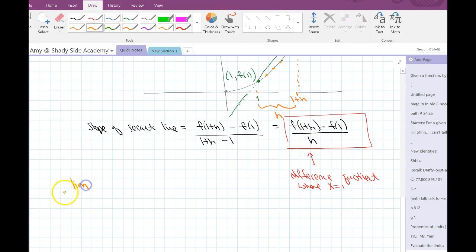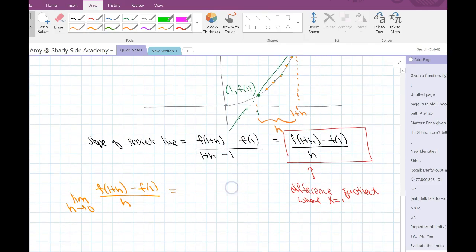The limit as h approaches 0 of f of 1 plus h minus f of 1 all over h equals, what is that going to equal? I know the slope of the secant line equals this. As h approaches 0, the slope of the secant line approaches the slope of what kind of a line? Yes, it approaches the slope of a tangent line.